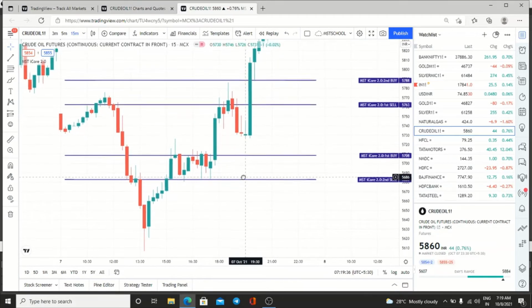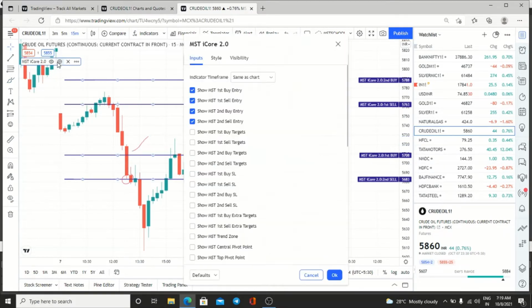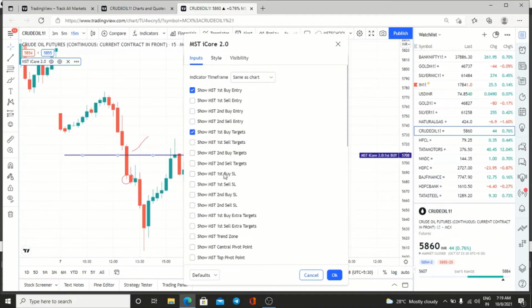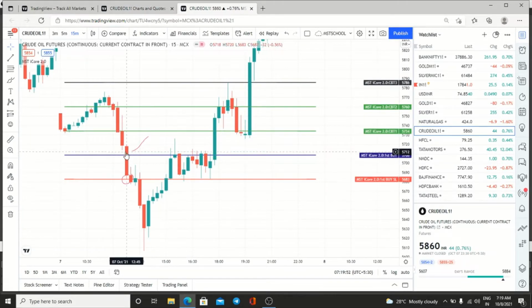In that case, see here, this will be our stop loss for the buy entry. I am removing everything, leaving first buy targets and first buy SL. So here the SL has triggered. The SL is not actually triggered; I am saying this for explanation, to make you understand.